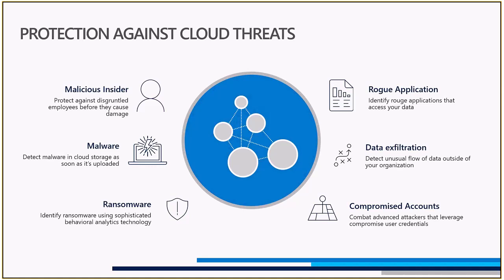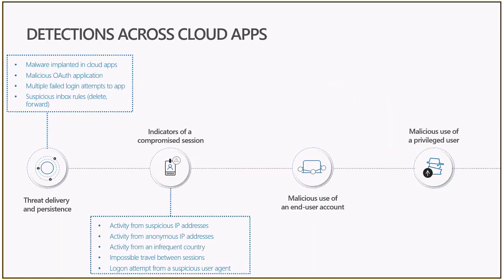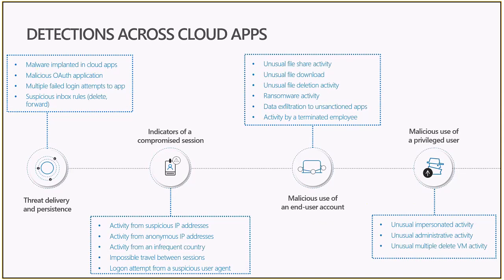We can also detect now rogue applications accessing your data. I will show you how these things work. Also detect compromised accounts when you have people accessing from a different location, for example, your Azure Active Directory or your different applications. Among the different detections that we have here are some of the examples that I already talked about. But one of the newest ones that we have is the suspicious inbox rules detection.